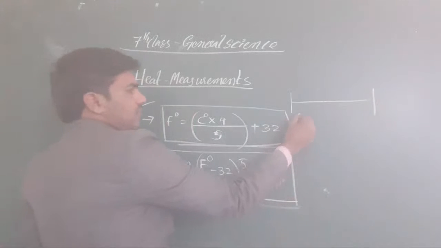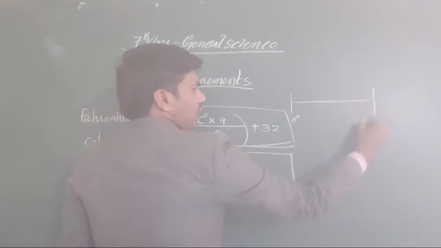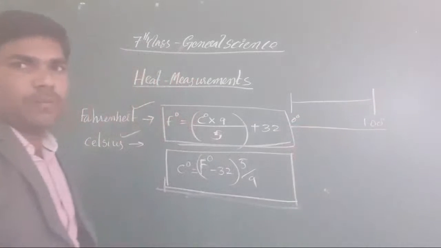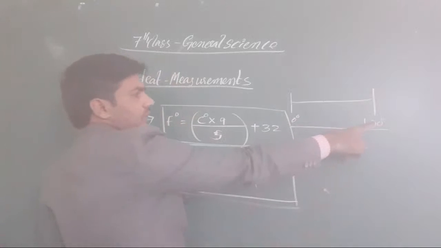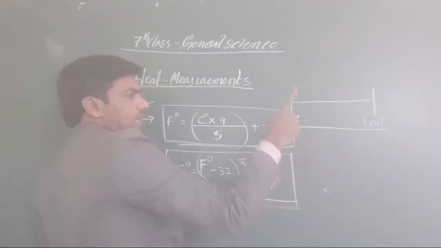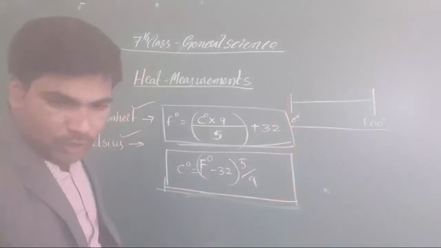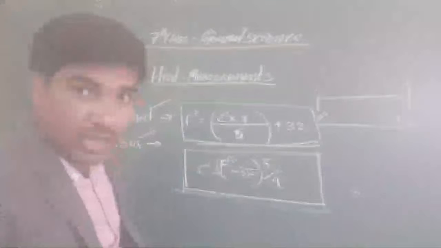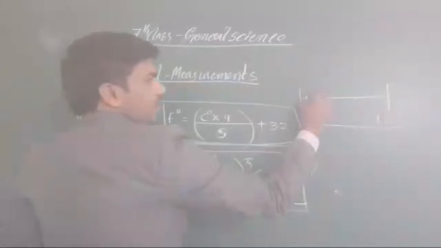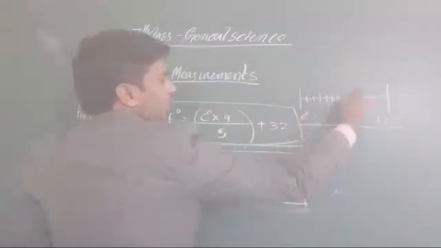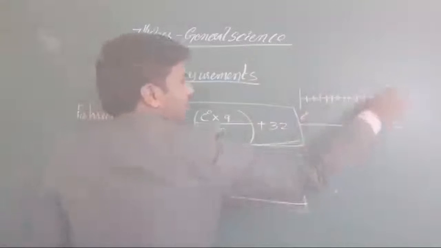Suppose, as already discussed, 0 degrees to 100 degrees centigrade. It is for water. This is the boiling point of water, and this is the melting point of water. 0 degrees is the melting point of water, and in case we take 100 degrees, that is the boiling point. Now this line is divided into 100 divisions.